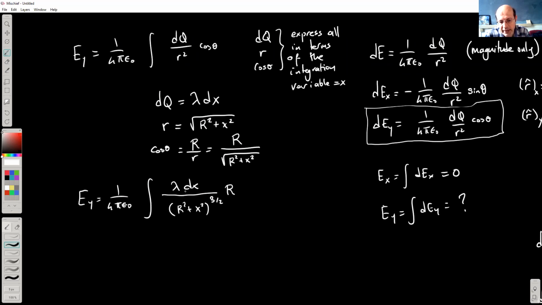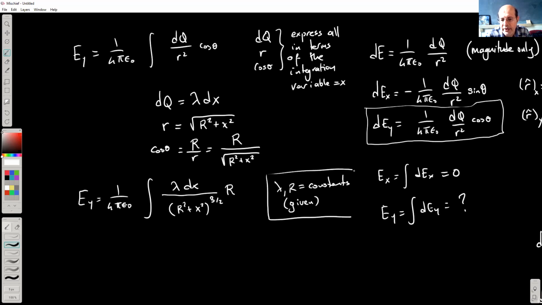At this point, inside the expression, I have just the variable x and the other constants. And the other constants are the given constants of the problem. So this is lambda and r. These are constants. They are not variables. These are just given quantities within the problem.